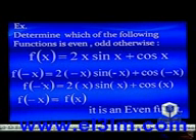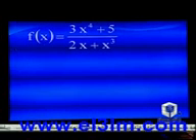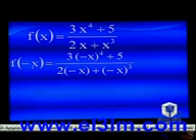Okay. Another. f of x equal 3x power 4 plus 5 over 2x plus x power 3. Then we find f of negative x. 3 multiplied by negative x all power 4 plus 5 over 2 multiplied by negative x plus negative x all power 3.